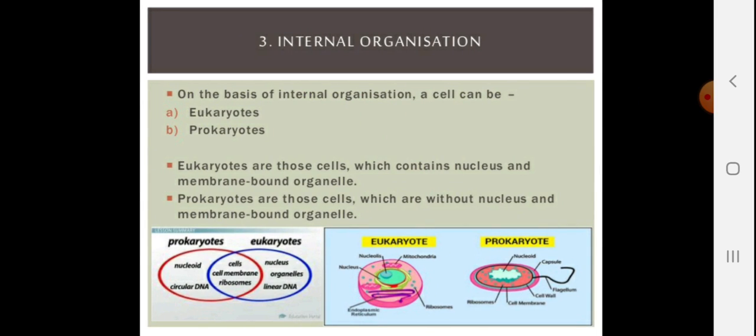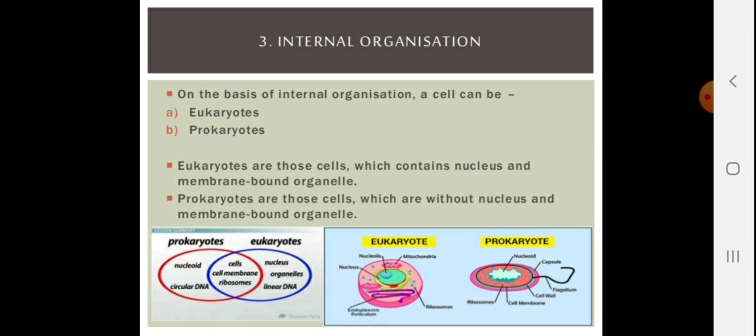Let's talk about the varieties of cells based on internal organization. On the basis of internal organization, cells can be eukaryotic or prokaryotic. Eukaryotes are those cells which contain a nucleus and membrane-bound organelles, whereas prokaryotes are very primitive types of cells which are without a nucleus and membrane-bound organelles.